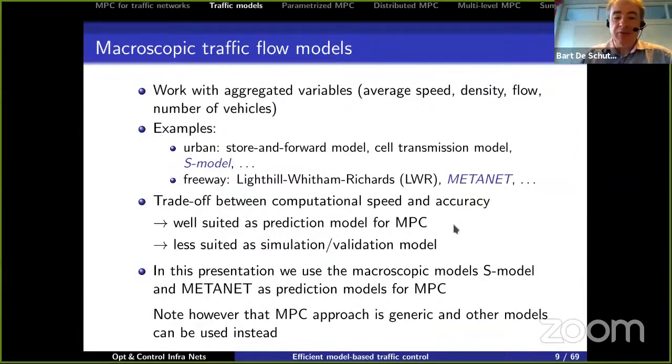This means that they are well suited as a prediction model for MPC, but less suited as a simulation or validation model. We are going to use the S model for urban networks and the METANET model as a prediction model for MPC in this presentation. But it's important to note that the model-based approach that we present is generic, and that means that you can also use all these other models if you want.